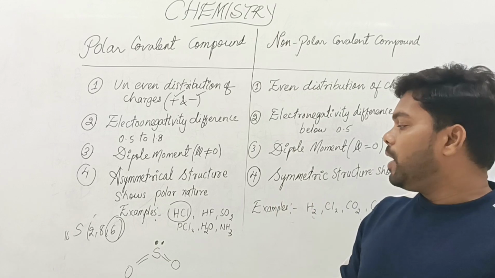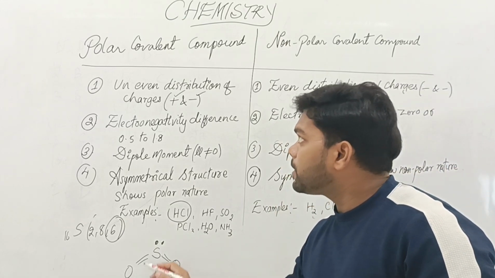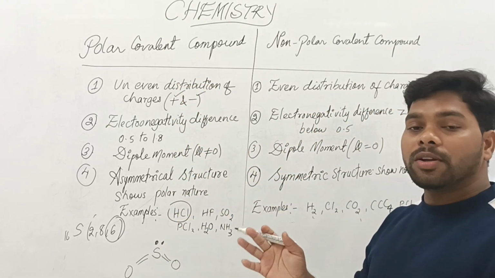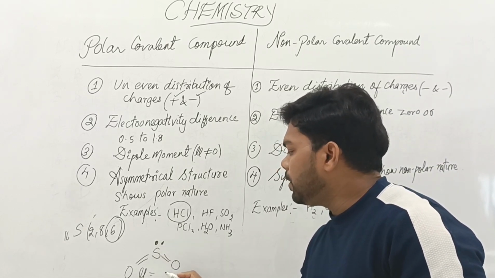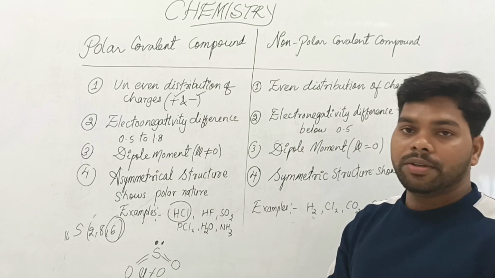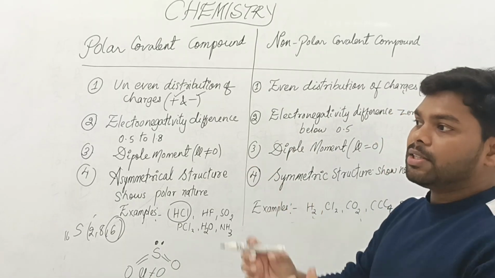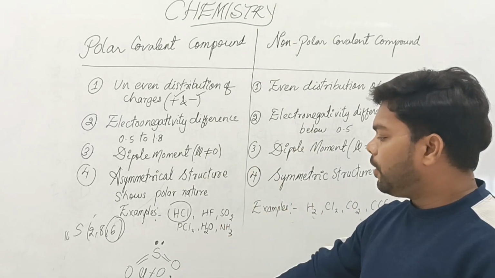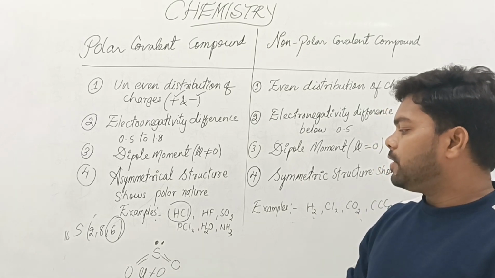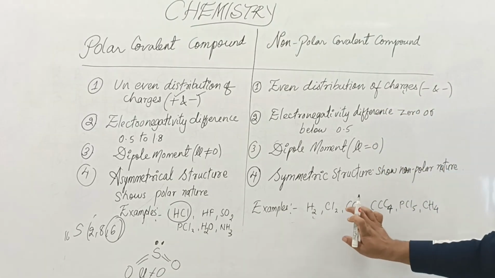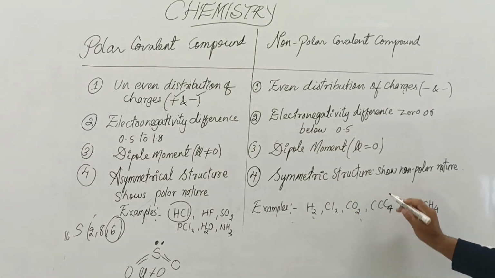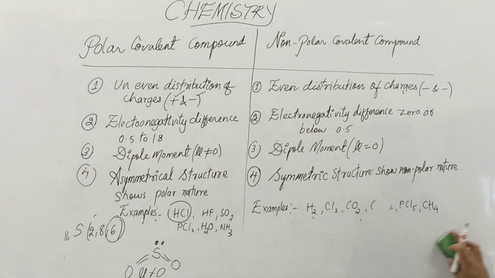Whenever there is a lone pair, because the polar covalent compound depends on the lone pair also, the dipole moment will not be equal to 0. Some charge separation will be there. Therefore sulfur dioxide is a polar covalent compound. How about, let me take the example of carbon tetrachloride.